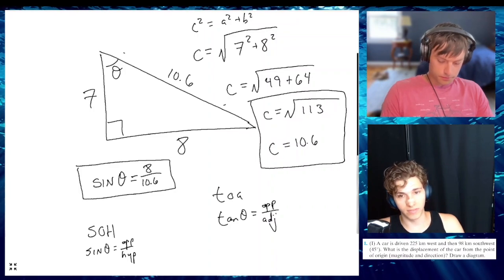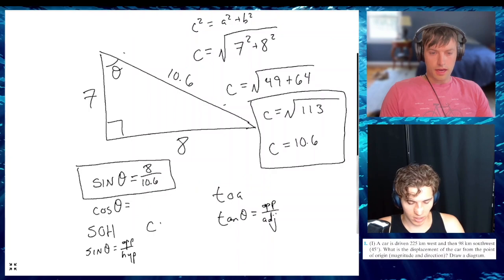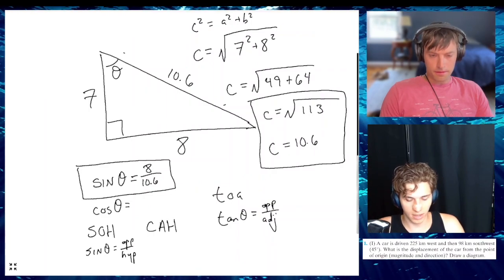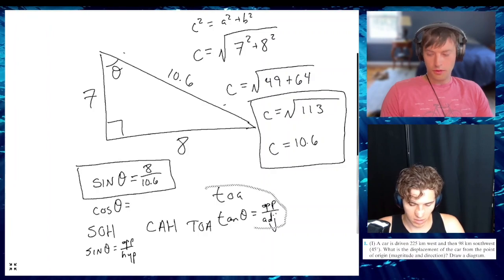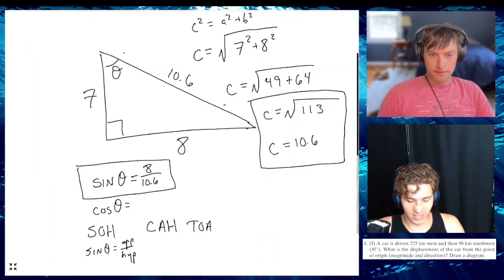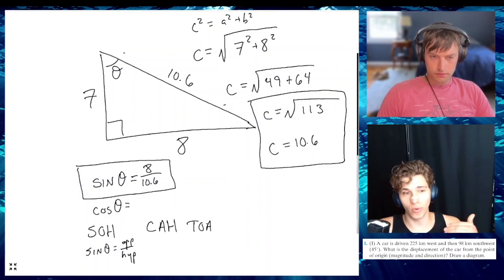What is cosine of theta here? Cosine is, remember, is it the opposite? Ka. So, ka, toa. Adjacent over hypotenuse. Yes, perfect. This is why we have SOHCAHTOA, because it helps us just to remember that order.